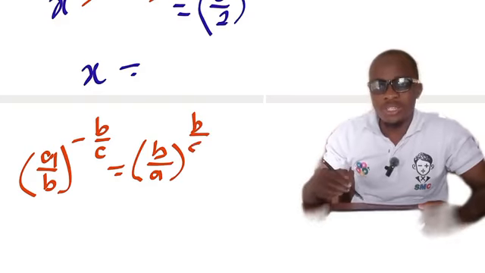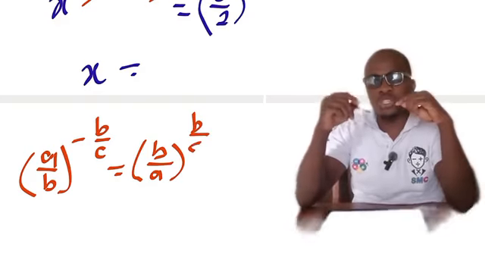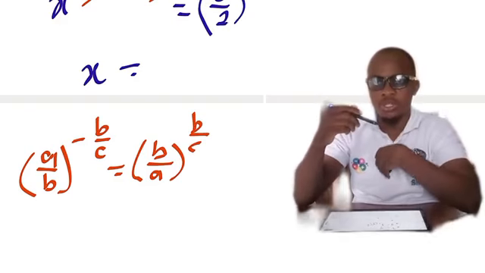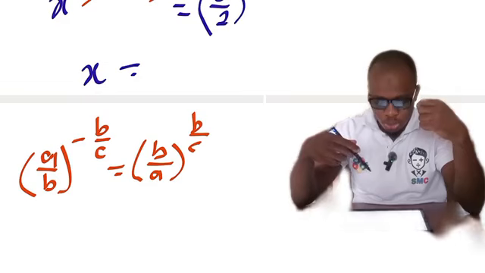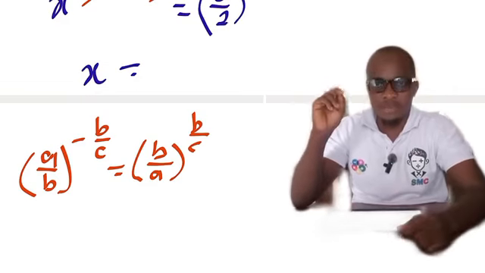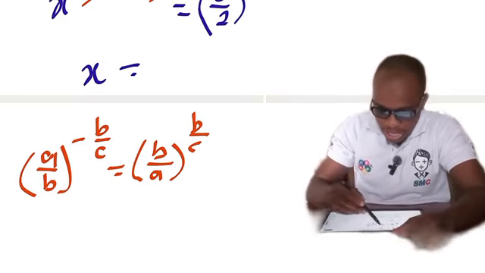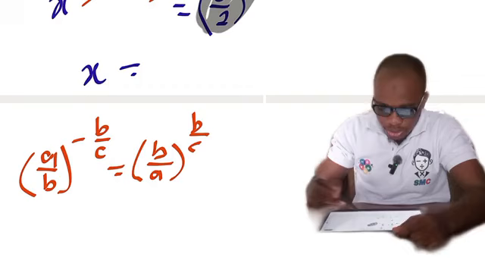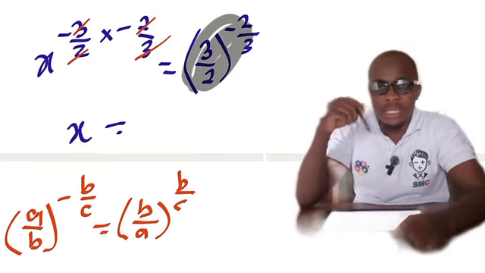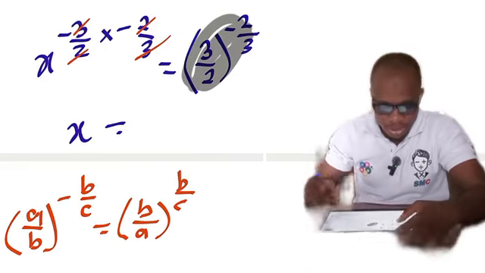So when you interchange the position of the numerator and denominator, the negative sign will be eliminated. The same thing we are going to apply here, because I want to eliminate the negative power.